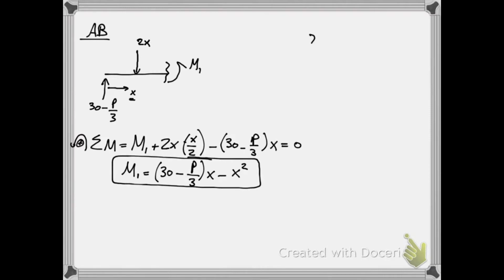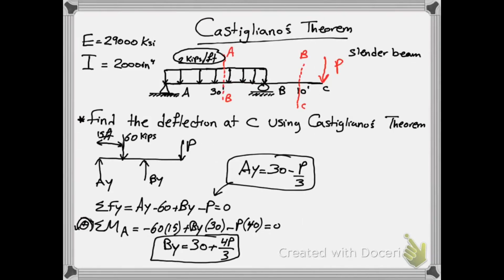Now let's do second section cut, which is, if we go back, it's BC. So let's do BC, and it's gonna be the same thing, except for BC, you can stand right here and look that direction, and you're gonna see the distributed load, or you can look in this direction and you're gonna see only the concentrated load P, which is our dummy load.